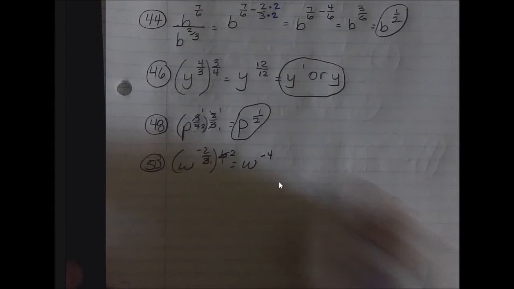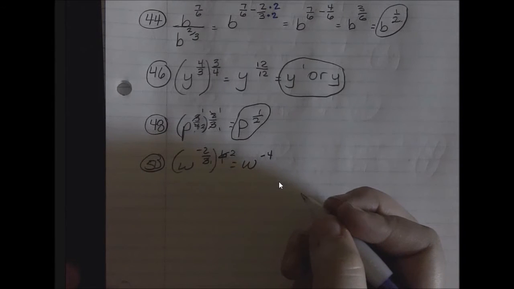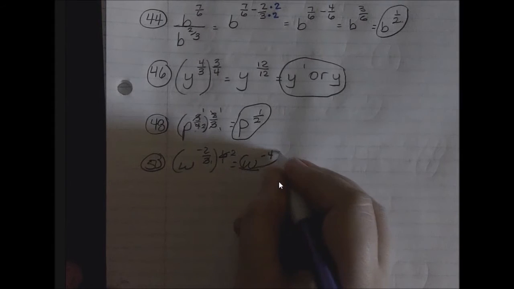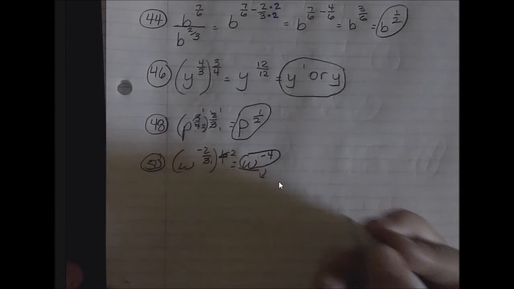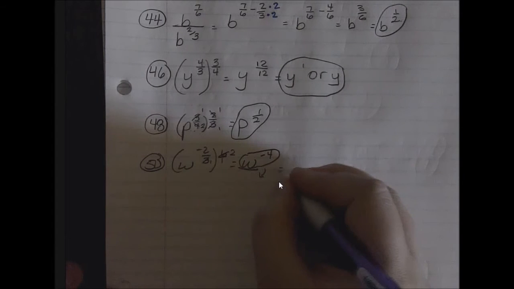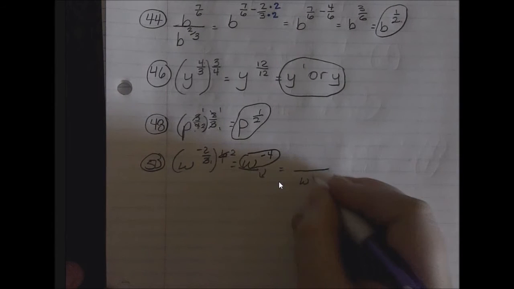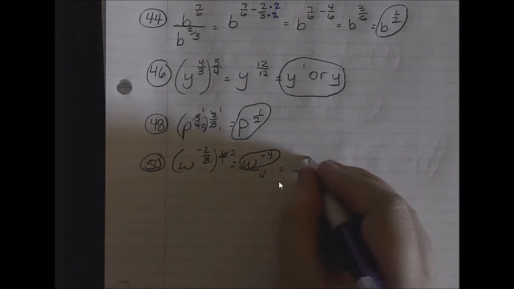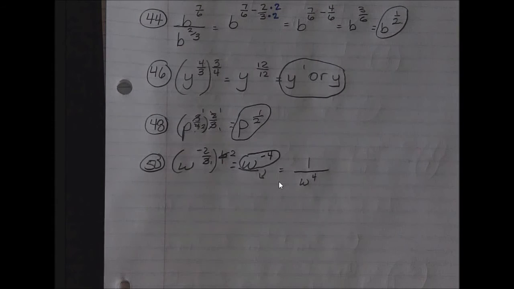But remember, it's not simplified if it has a negative exponent. So we're going to move that w to the negative 4 to the denominator, which will give me a w to the positive 4. But we still have to have a number in our numerator. And remember, that number we always use is going to be a 1.